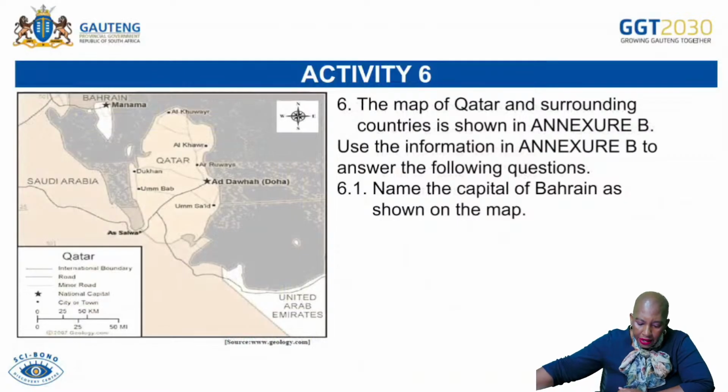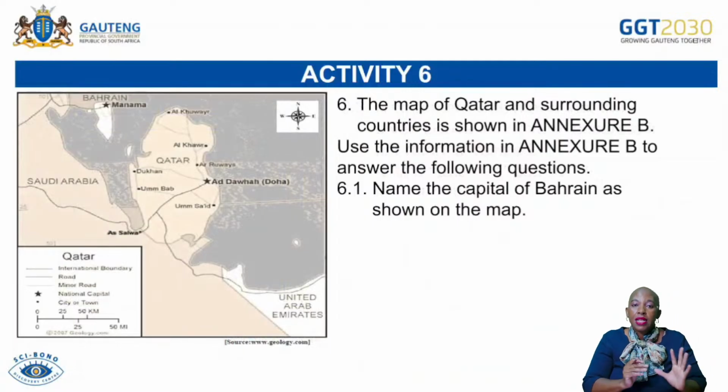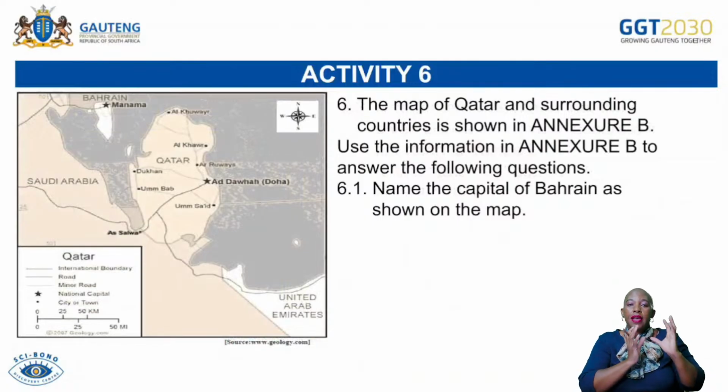To activity 6. Now with activity 6, boys and girls, what are we saying here? Let's have a look. The map of Qatar and surrounding countries is shown in Annexure B. Here is our Annexure B. Boys and girls, the Annexure B will be the extra sheet that will be given to you.